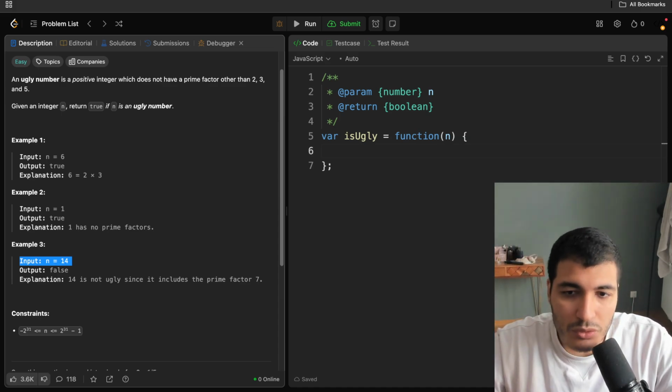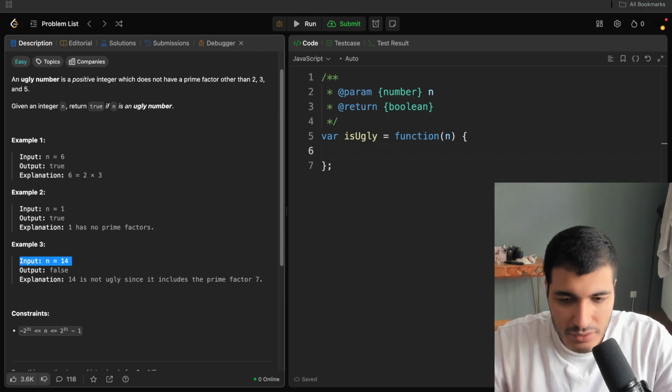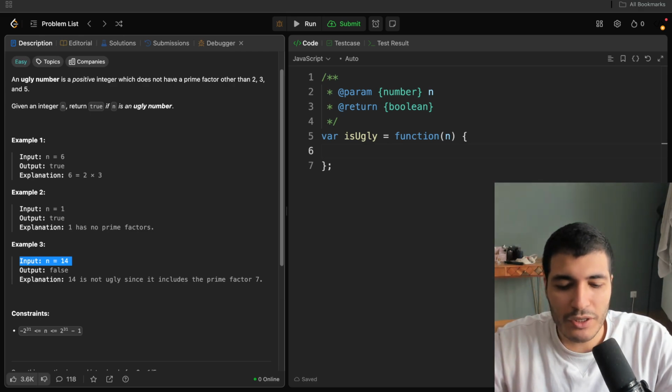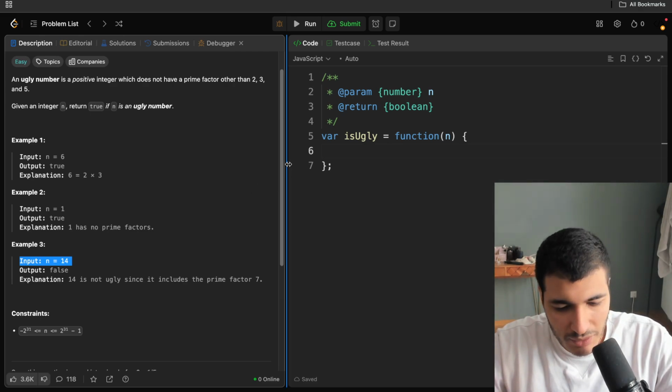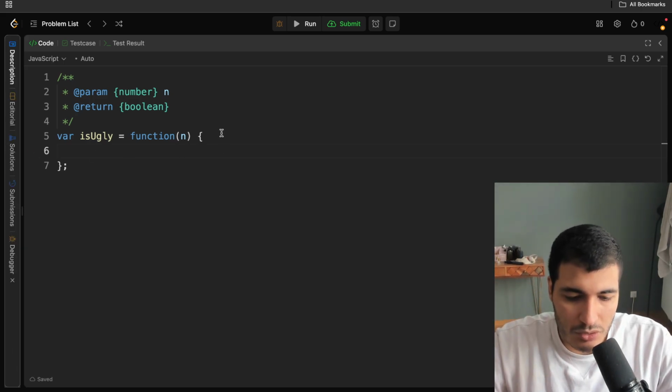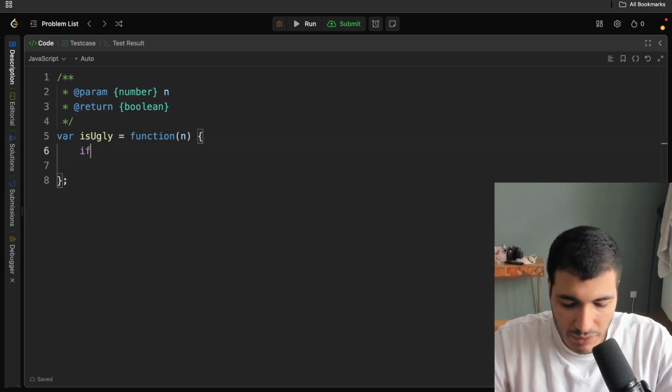Okay, so how will we do this problem? You need to think with me, because the solution, I would say it's easy, but we need to focus on the mathematics. So I'll make a base case here: if n is less than or equal to 0, we return false.